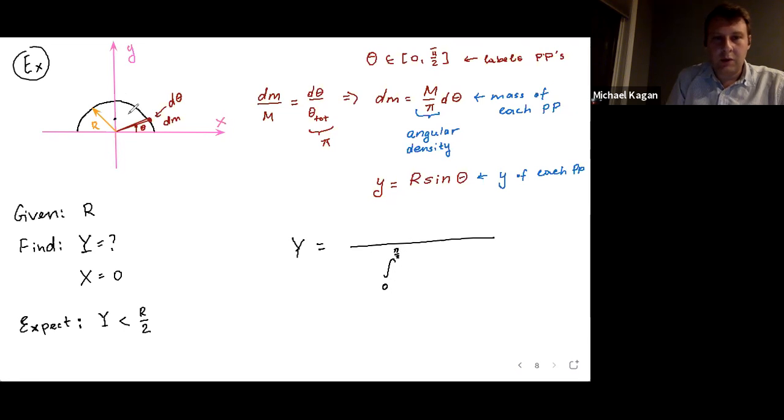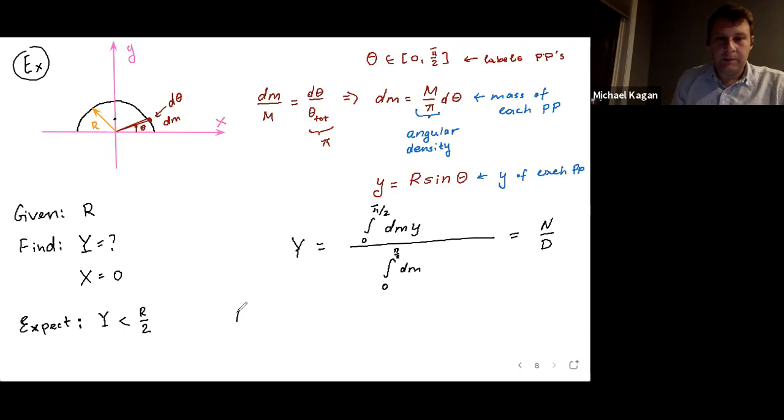We're only doing the quarter here. On the bottom, we just have dm's, and we'll explain what that means later. And on top, we have a similar integral with dm times y, okay?